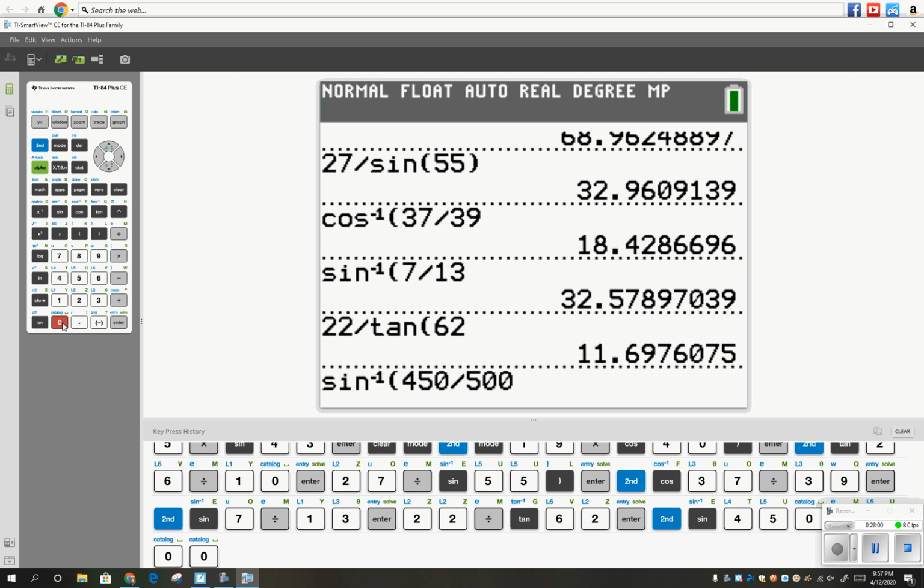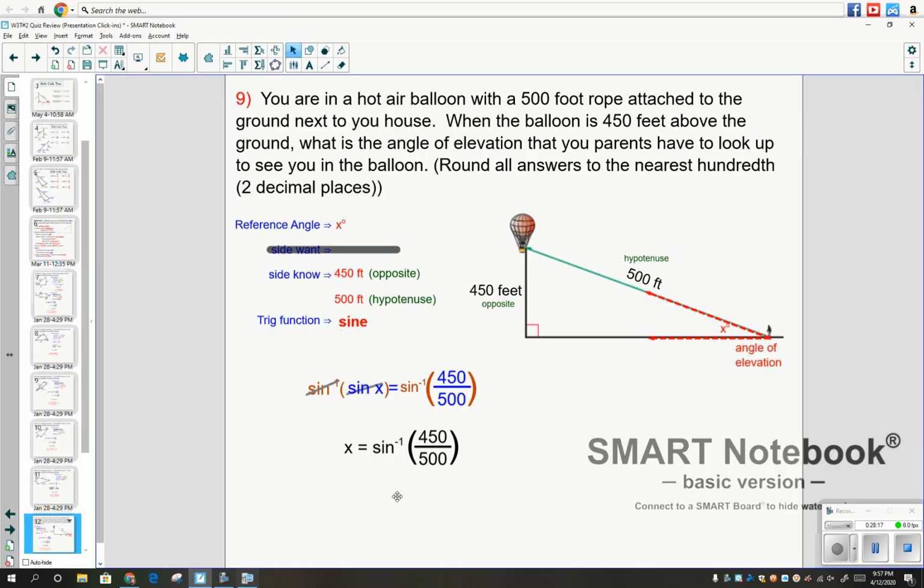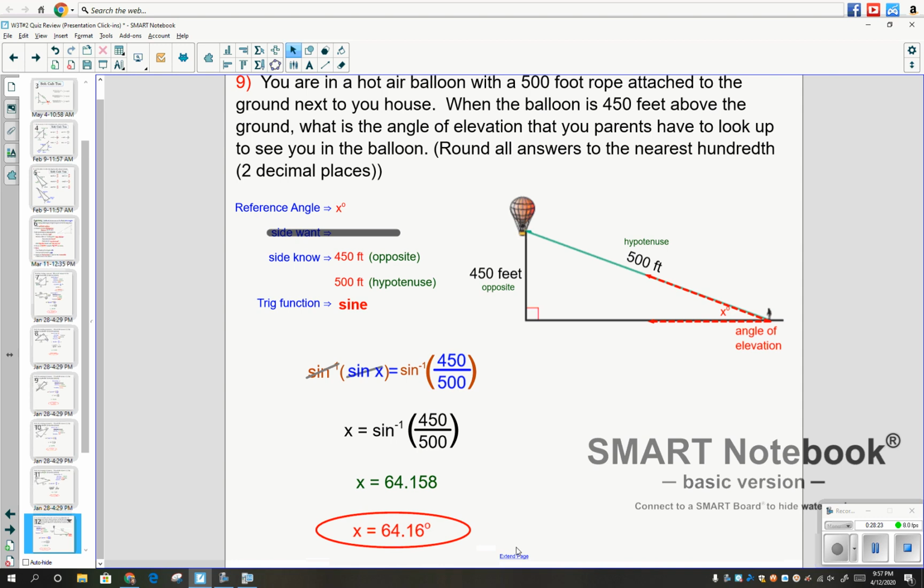If you round in the middle of a problem, your final answer will not be exact. We do not want to round till the end. So sine inverse of 450 over 500 gives me 64.158. Rounded to 2 decimal places, the 8 tells me to round up the 5 and make it 64.16 degrees.